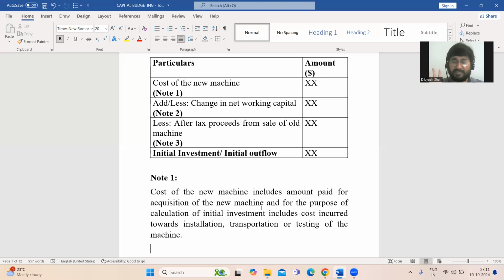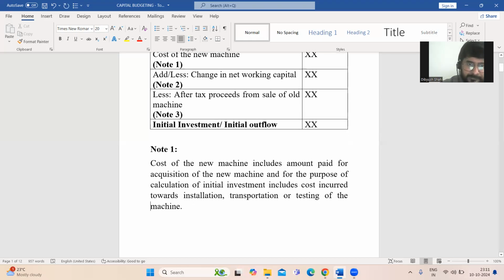Essentially, I am repeating because this topic is very important and a lot of Part 2 students mess this up. Even CA Intermediate students mess this up. I've talked a lot, so I know that you have only four components under cost of machine that you need to take care of. If I want to briefly summarize it: first, you have the purchase price.